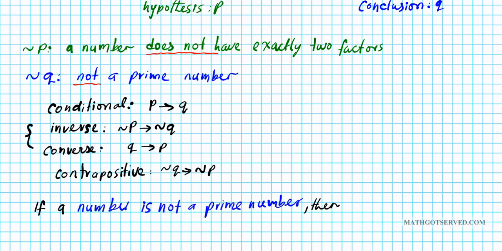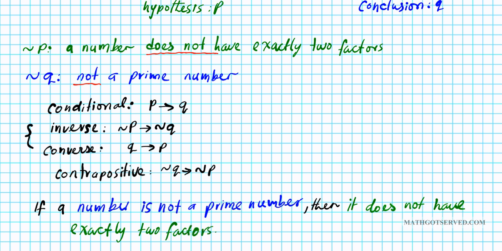Then let's write down the negation of the hypothesis. It does not have exactly two factors. So this is the contrapositive.